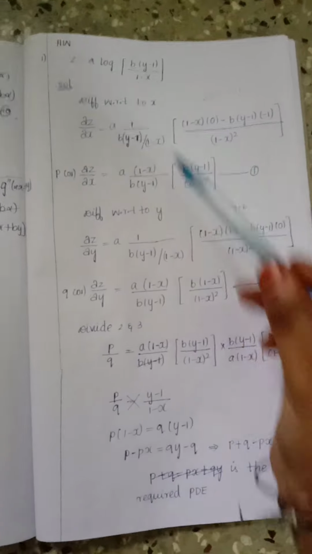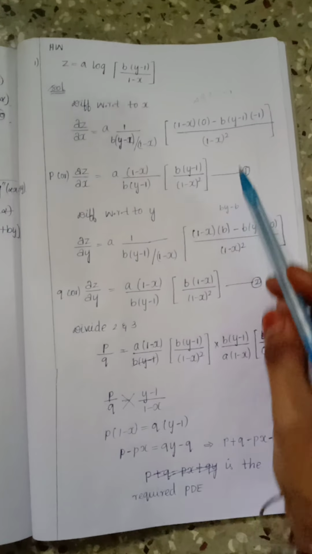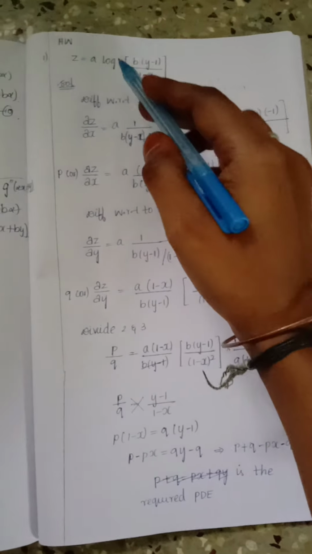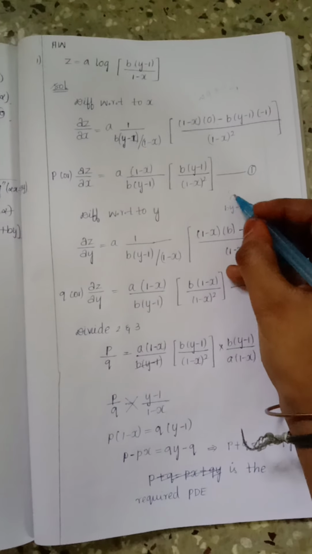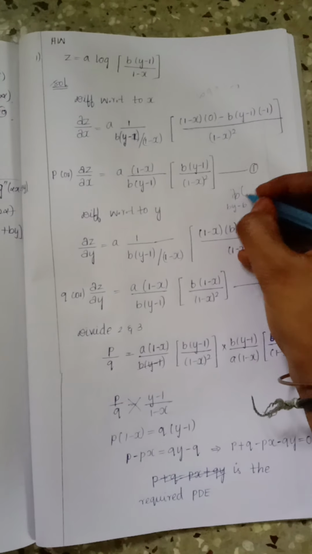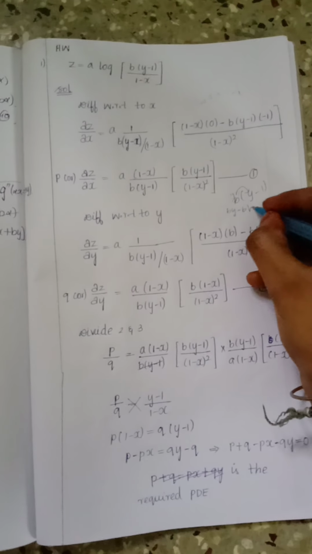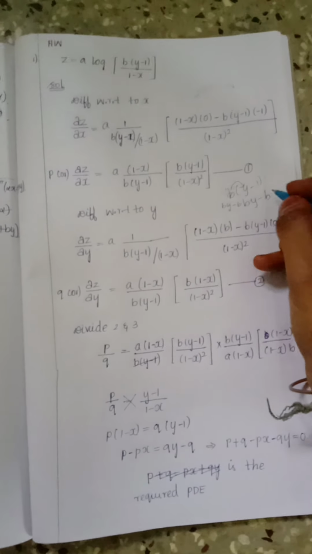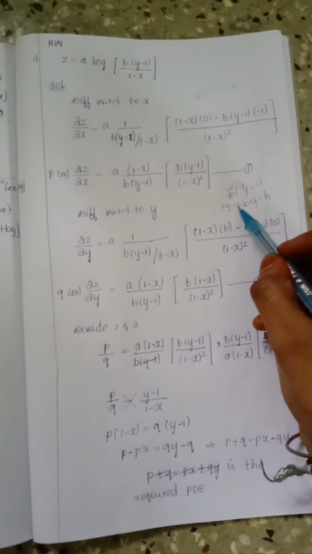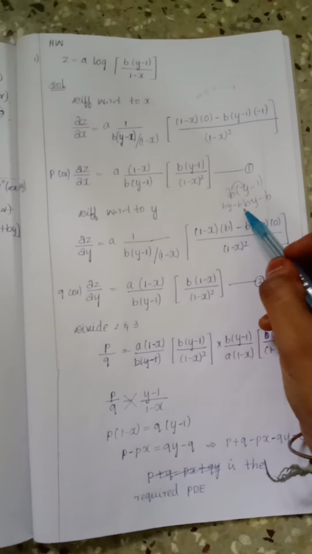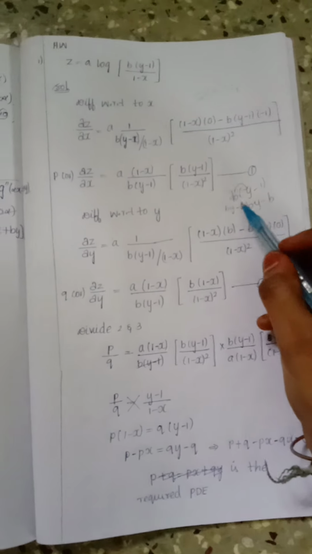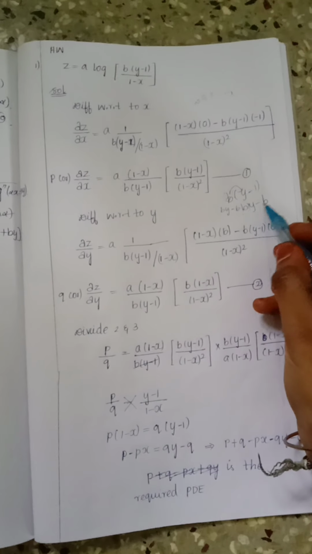Here v is 1 by x, and u is b into y minus 1. If we multiply inside, we get by minus b. If we differentiate with respect to y, we get only b, and this term goes to 0.